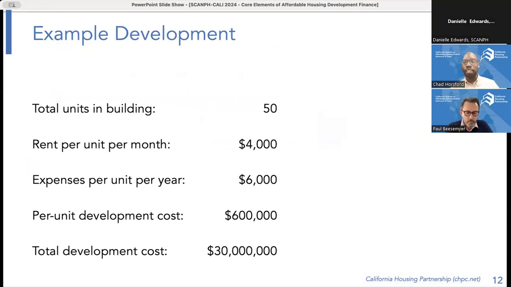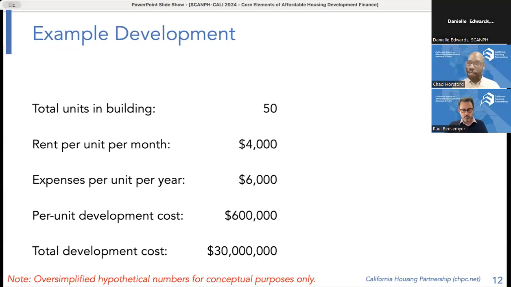Each unit is paying $4,000 a month in rent. Building expenses work out to about $6,000 a year per unit. And the cost of developing the building is going to be $600,000 per unit. So the total development cost for a 50-unit building works out to $30 million.